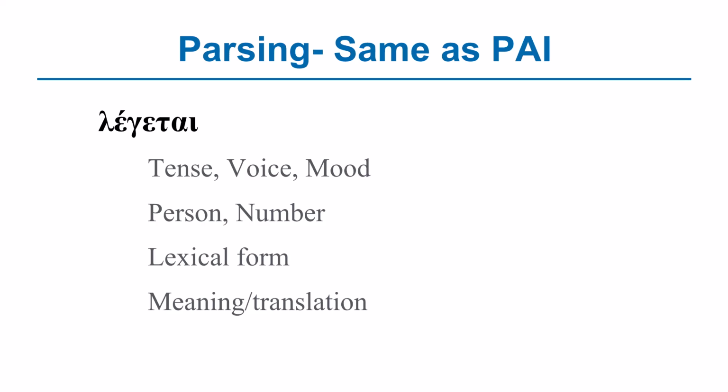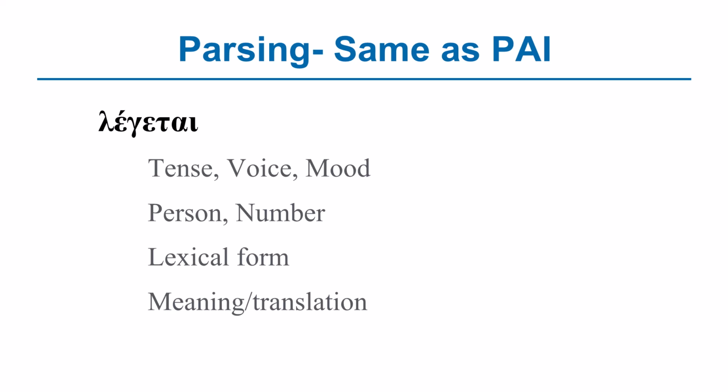Step number 2, after you have identified that the word is a noun or the word is a verb, use the ending to gather the details that are needed. And it's very important that by now, you know the noun paradigm, you know the pronoun paradigm, you know how to identify an adjective, and you know the verb paradigm. And on the verbs, so far we have looked at the present tense. Under the present tense, we have looked at active voice paradigm.